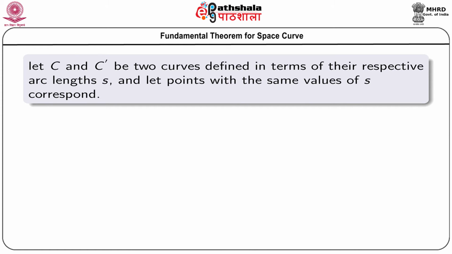Now, to prove the uniqueness, let there be two curves C and C dash defined in terms of their respective arc lengths s, and let points with the same values of s correspond.